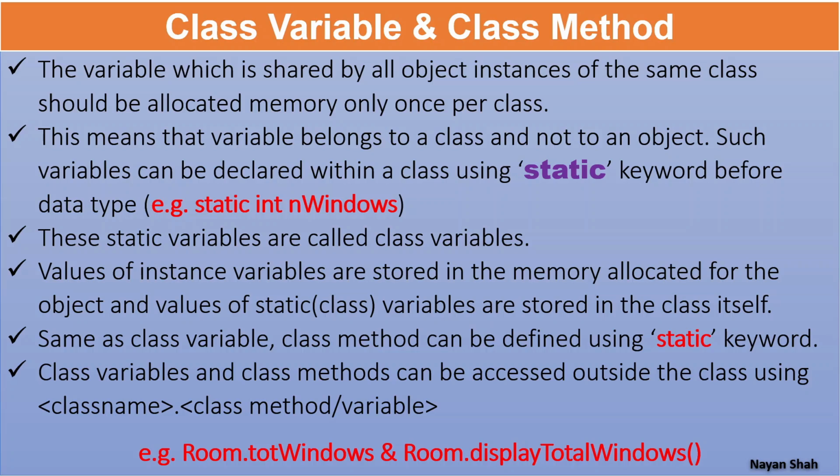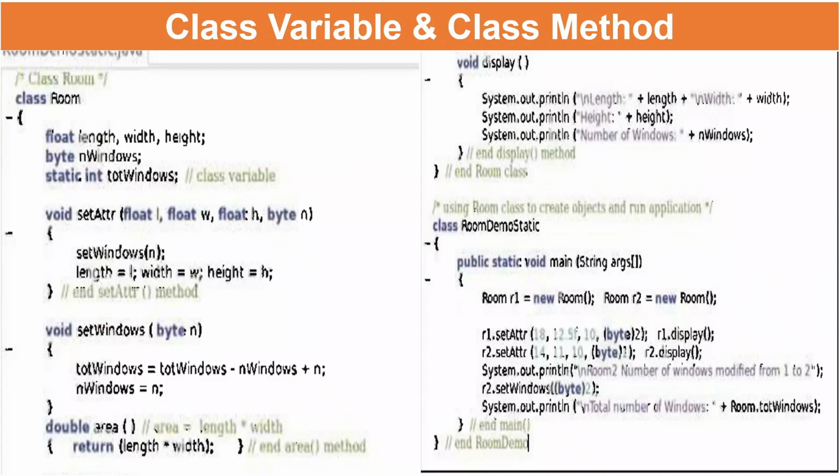So this is how we access class method and class variable, by referring to the name of the class and the variable name separated by dot. Whereas instance variables are referred by object name followed by dot and then variable name and method name. So R1.length, that is an instance variable, and Room.length, if I write, then it is a class variable. So that is what class variable and class method.